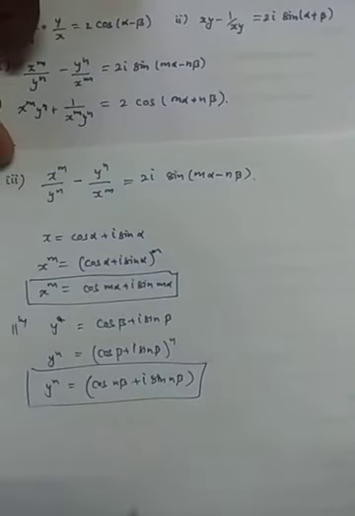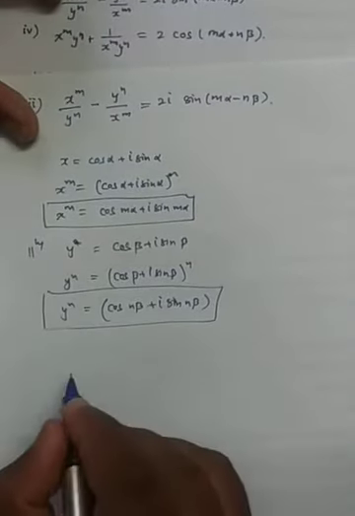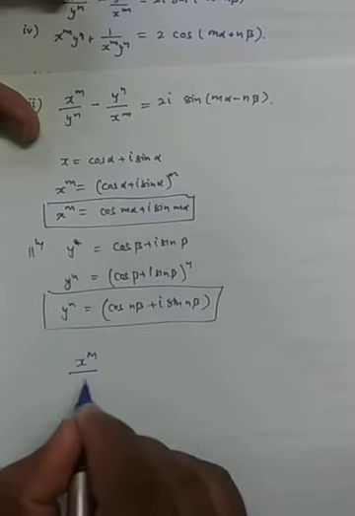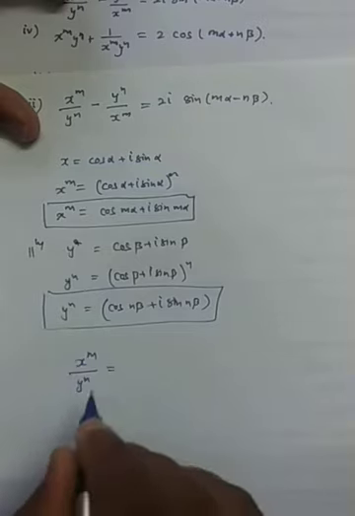Is that clear? Now I'm doing the division, x^m divided by y^n.